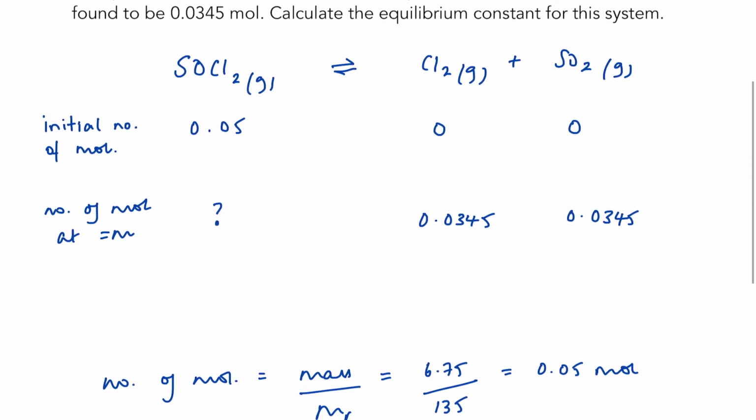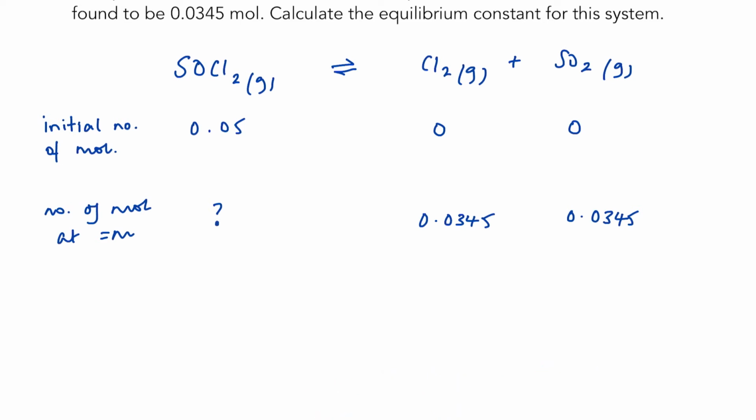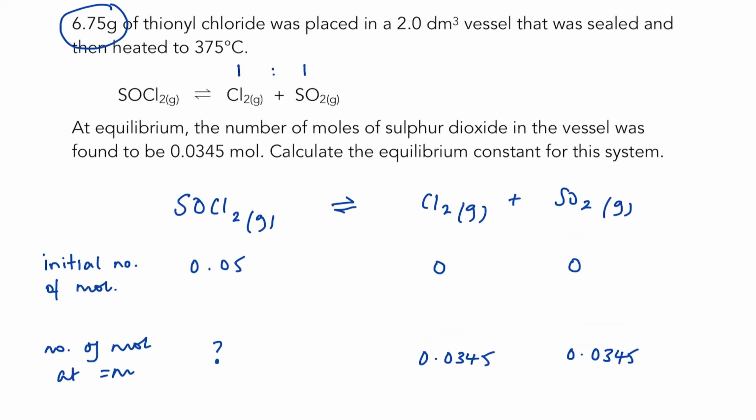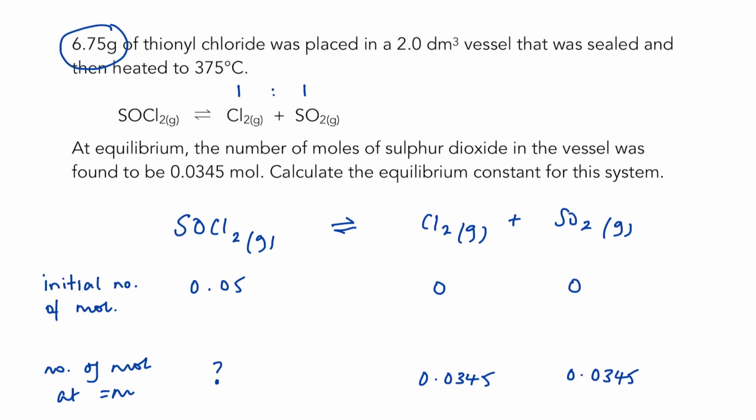Now, once again, looking at ratios, let me just clear that out of my way. The ratio of SOCl2, the thionyl chloride, to either the chlorine or the sulfur dioxide, it doesn't matter which, is also 1-to-1.